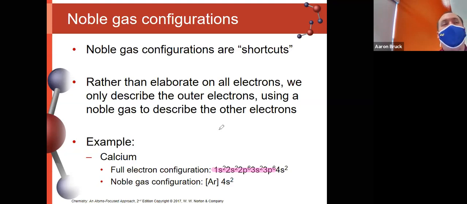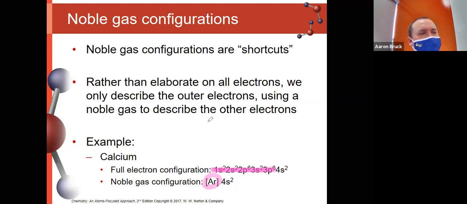Those 18 electrons are what we call core electrons. They don't react, they don't move, they don't really do much of anything other than occupy the lower energy levels. It's all the stuff in that outer energy level that ultimately reacts and gets excited and moves along. So this part of the configuration gets rewritten as that noble gas. And then all that we speak to after that noble gas is what is different.